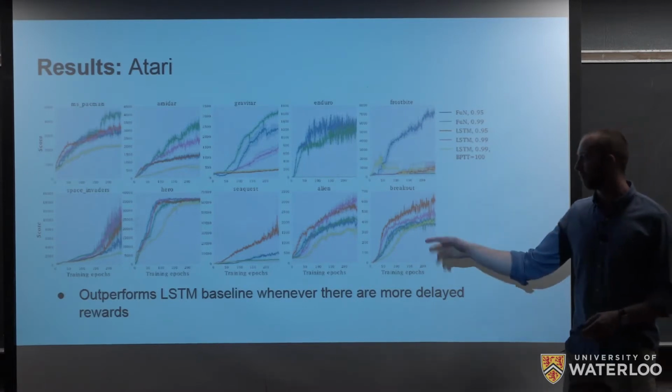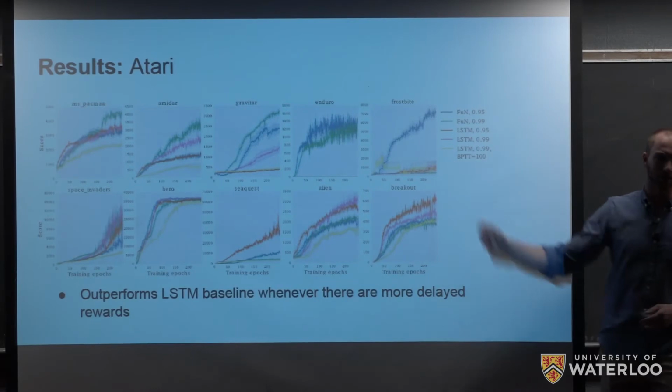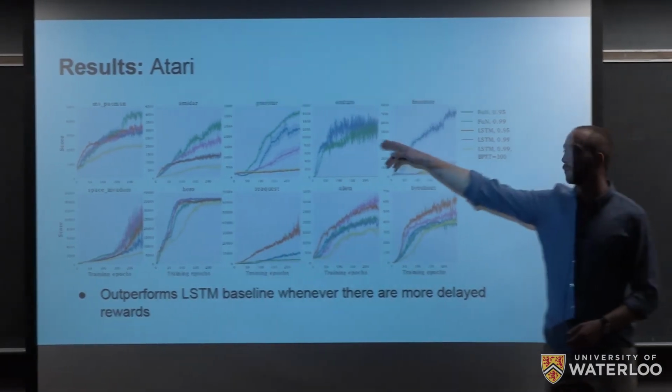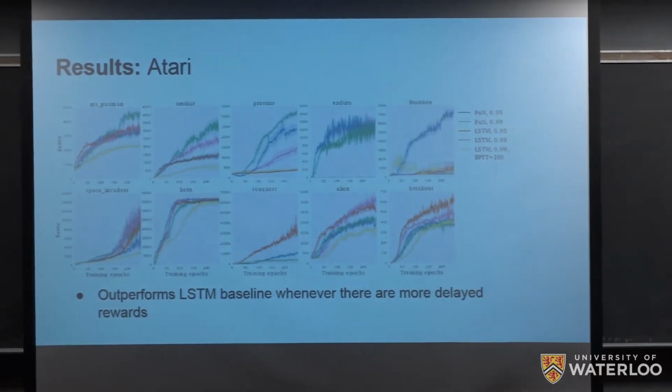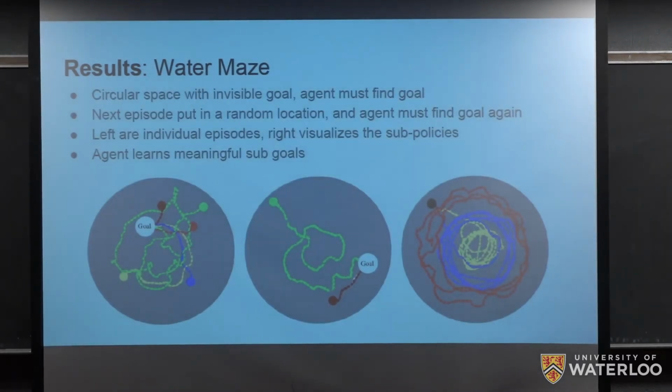But they didn't really go into details about why these particular games. There wasn't much discussion of, say, why Enduro is a longer-term reward. But we can just take that as is. Another interesting experiment they did was the water maze.